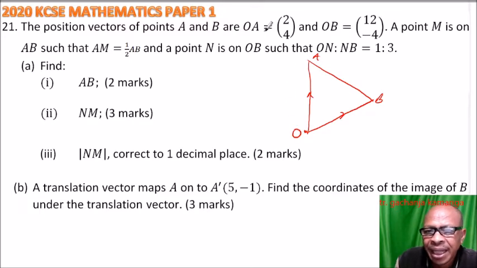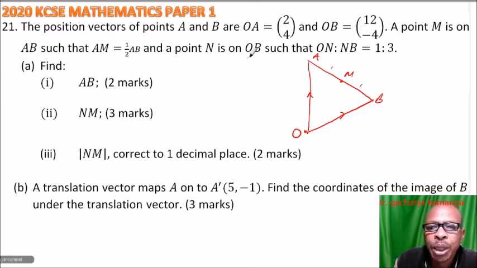You can get this when you are given the vector OA, which we have here, and OB, which we have here. Then we are told M is a point such that AM is a half. So it means that the point M divides AB into a half. You can write the ratio as 1 to 1.